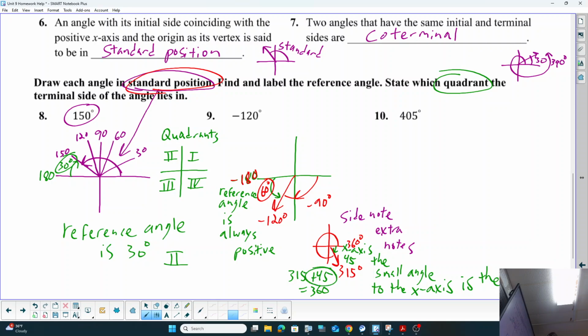And so 45 is the reference angle. Cool. And this one is 60, and this one's 30.